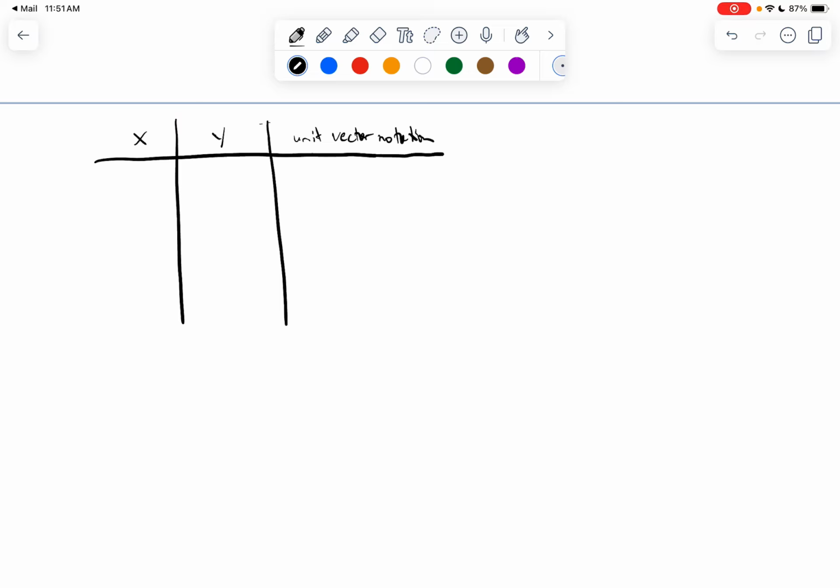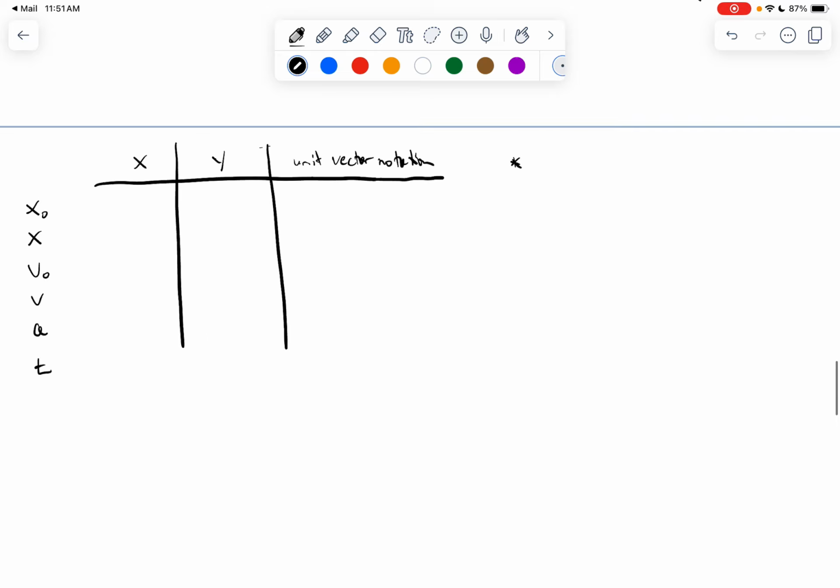So we'll still have our same starting position, our final position, initial velocity, final velocity, acceleration, and time. And with this, our final point is when the projectile reaches its maximum height.